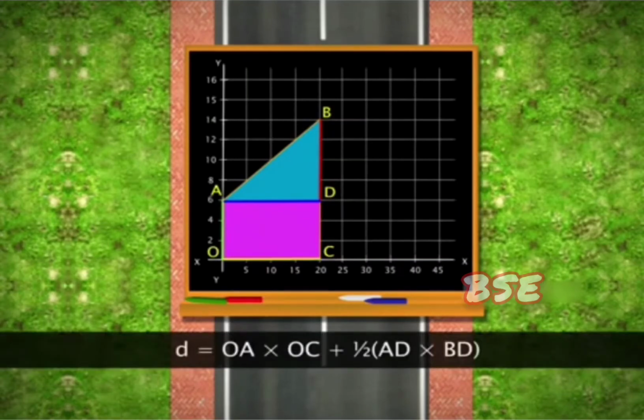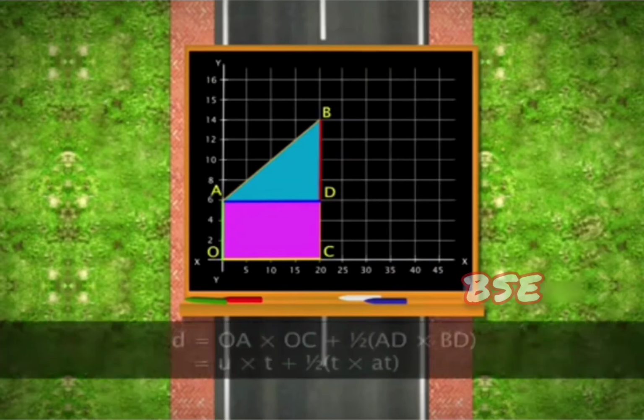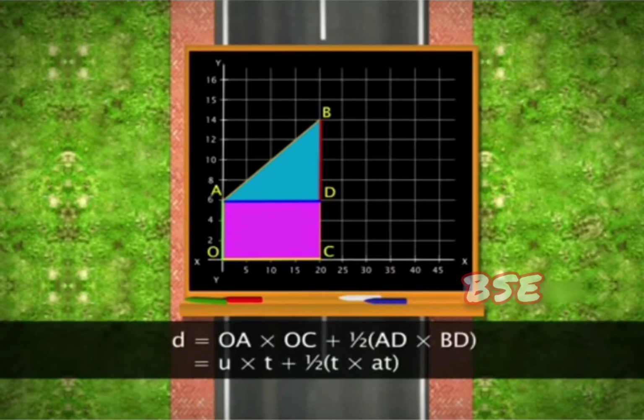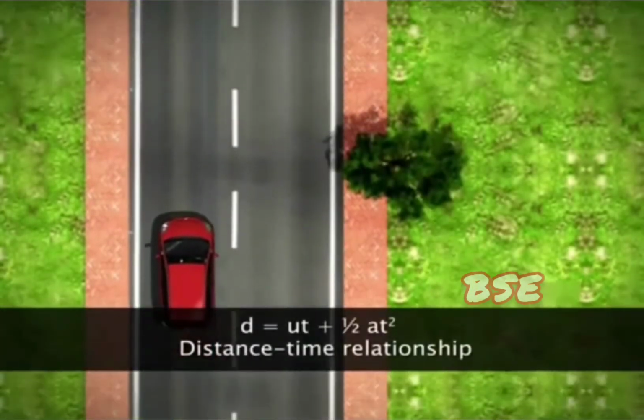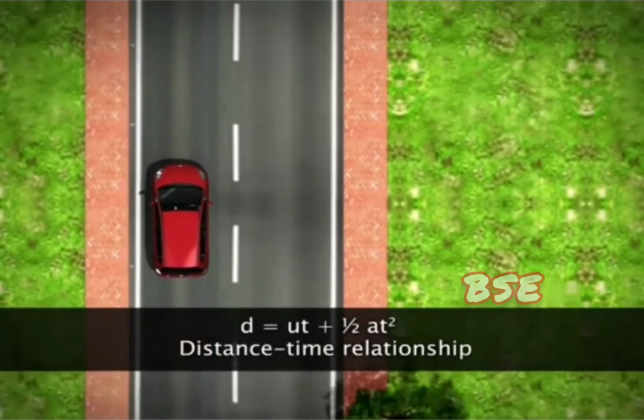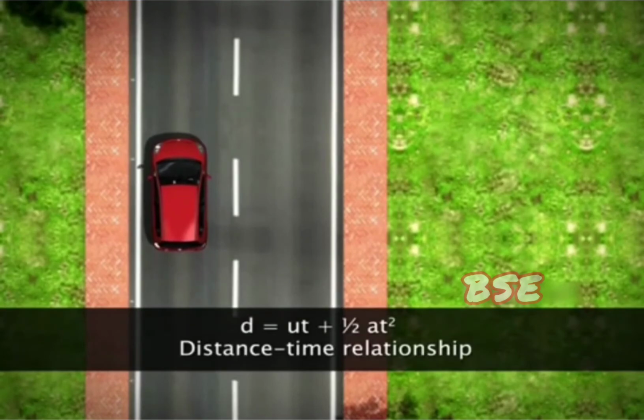So, the distance equation we derived from the areas of the triangle and the trapezium now becomes a proper algebraic expression. Resolving the algebraic expression, we get the equation that represents the distance-time relationship.